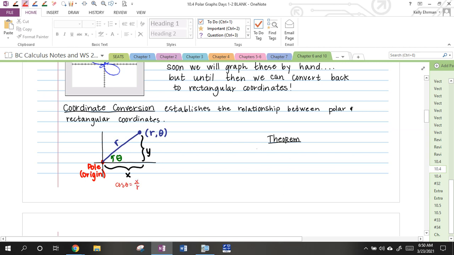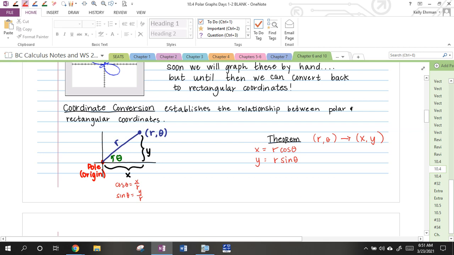So we can actually say that x is equal to r, whatever that radius is, r times the cosine of whatever theta is. And similarly for y, since sine of theta equals y over r in this triangle, then the y coordinate can be found by r sine theta. So if you're going from polar to xy, now we have a formula for how to do that.